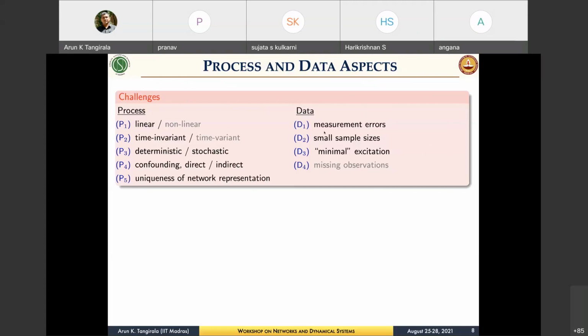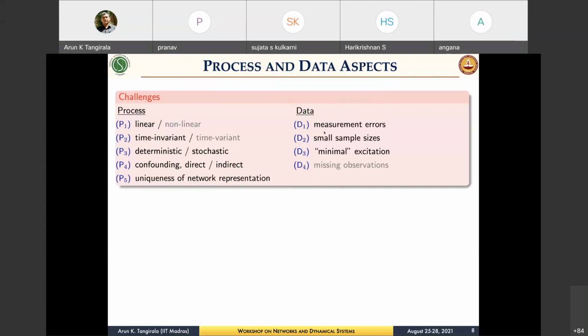And theoretically, whether the process has a unique network representation. It turns out that for many processes, there is no unique way of representing it via a network. There can be many graphical models that can explain the same process. Then what is it that you're discovering? This is a very open-ended and hot issue. People are yet to really get deep into this.